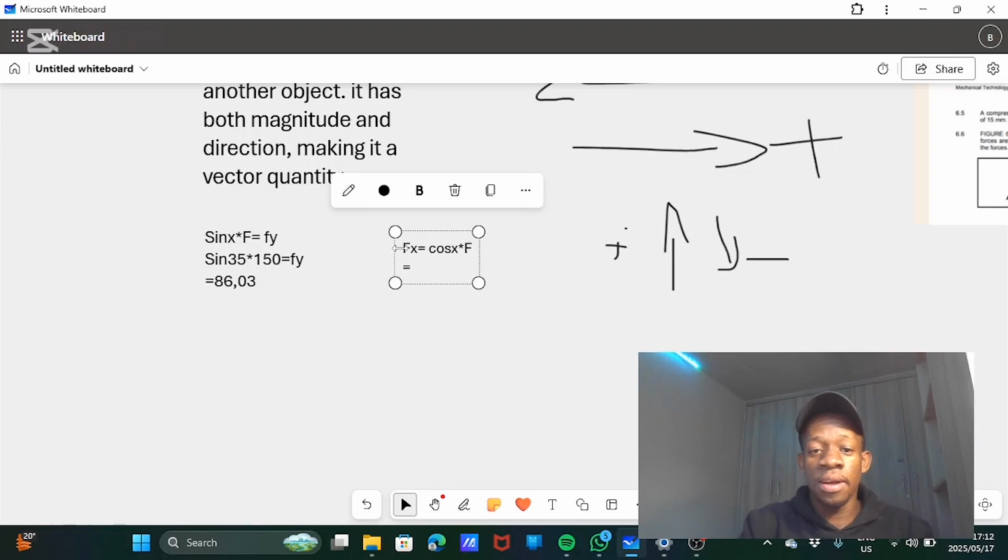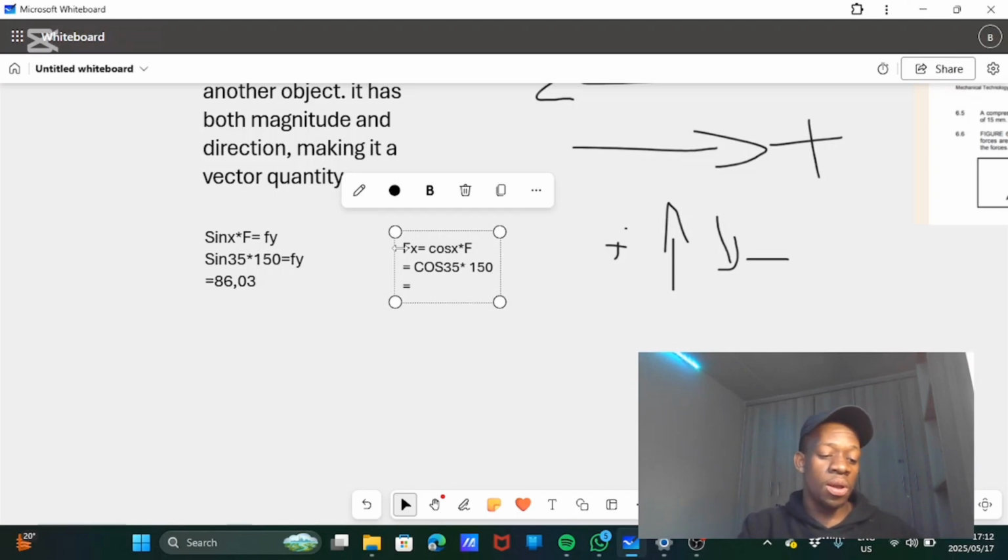So we have cosine of 35 degrees multiplied by the force of 150. We're going to have 122, if I'm not wrong, yes, it is 122.88.